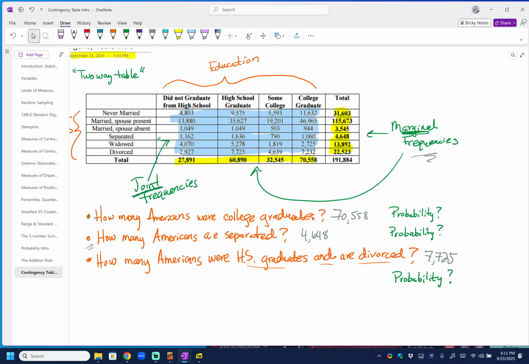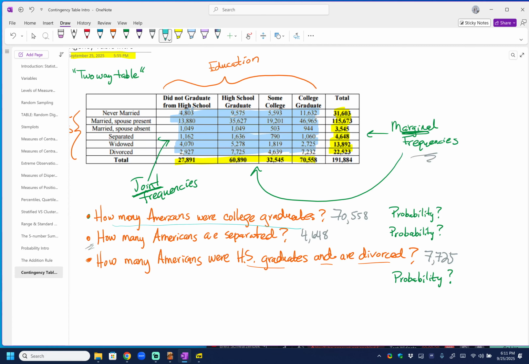Okay, so moving on a little bit here. The title of this chapter is probability, which means that we don't necessarily want to know directly what the frequency of something occurring is. We'd rather know the probability of it occurring. So you'll notice that I've actually added the term probability over here with a question mark. What I mean by that is I'm not going to be asking how many Americans are college graduates.